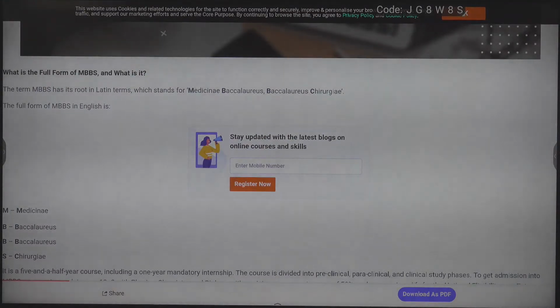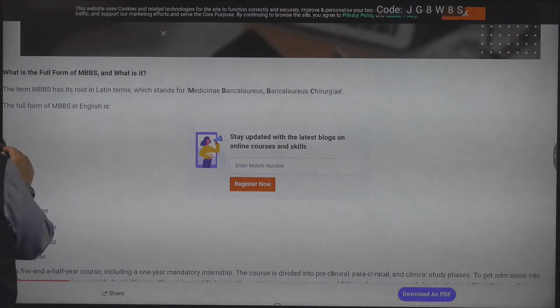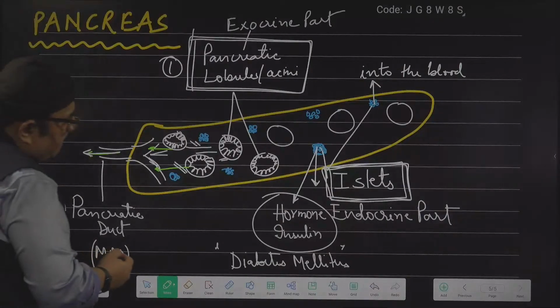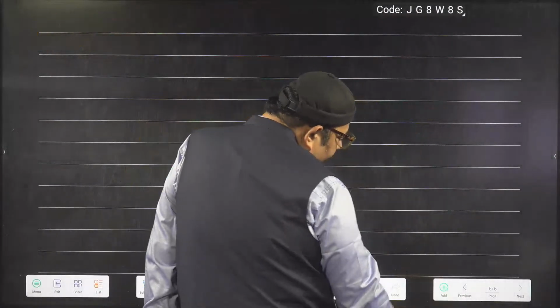Medicini Bacillarius and Bacillarius chirurgery. Okay? So that's MBBS.